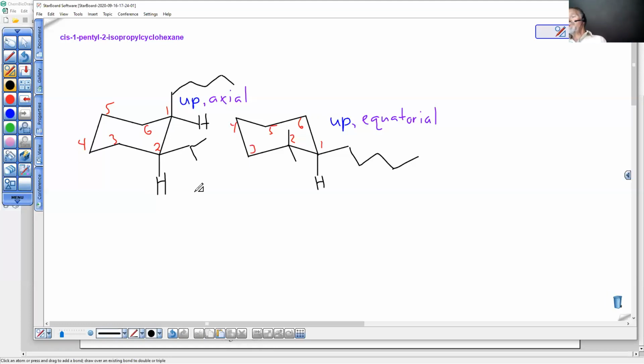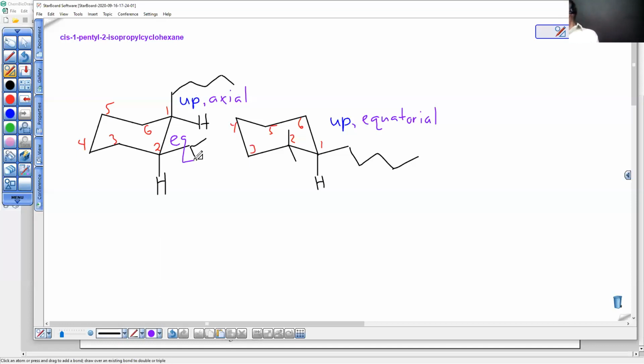When you go from one chair to the other, what stays the same? What changes? Here's a reminder. The up pentyl is still up. The axial pentyl is now equatorial. The up isopropyl is equatorial. I'm going to use the short form EQ. On the test, it says you can do that anyway.